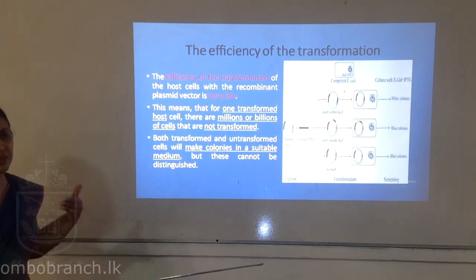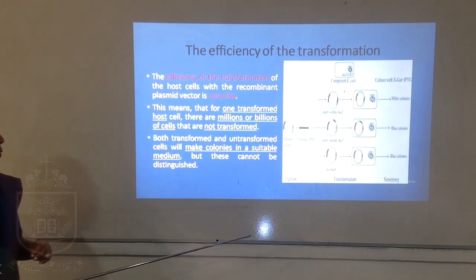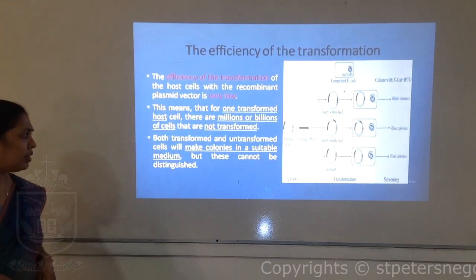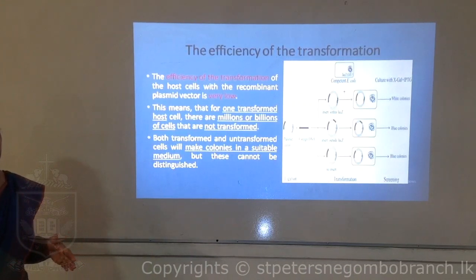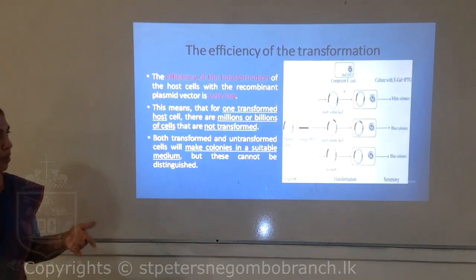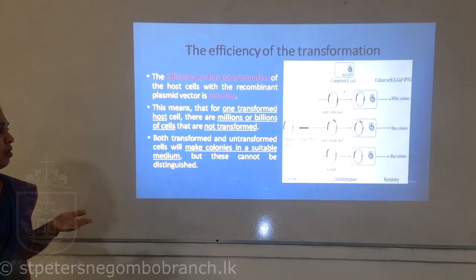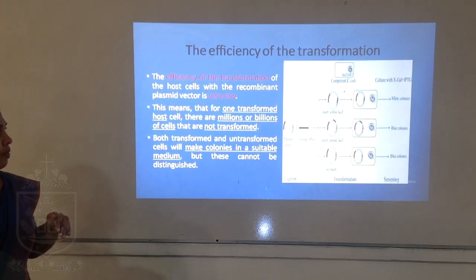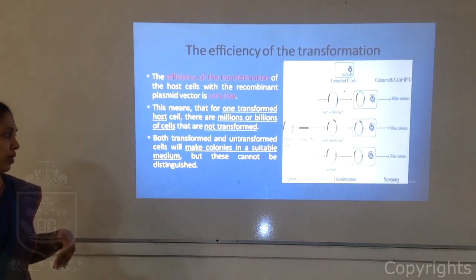So we say the efficiency is very low. So both transformed and untransformed cells will make colonies in a suitable medium, because now the bacteria are alive, so they form colonies. We have to identify whether the colony has the new recombinant molecule or not.